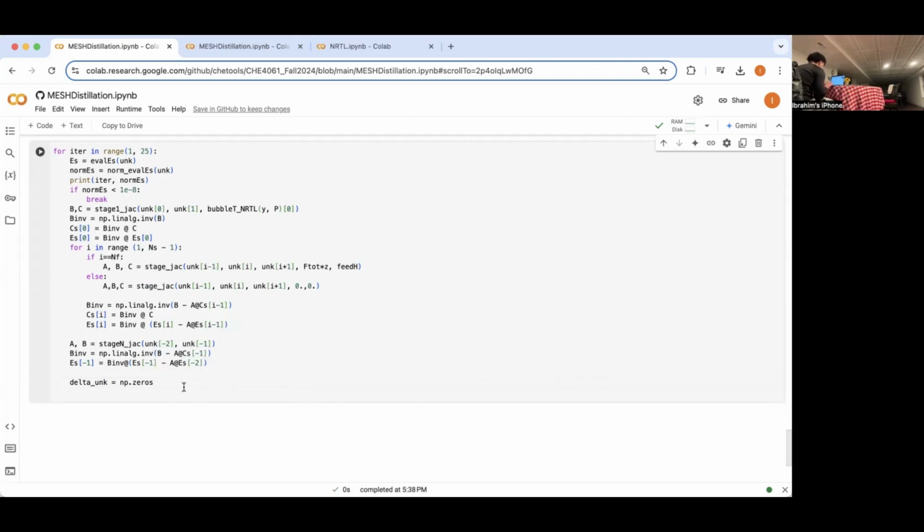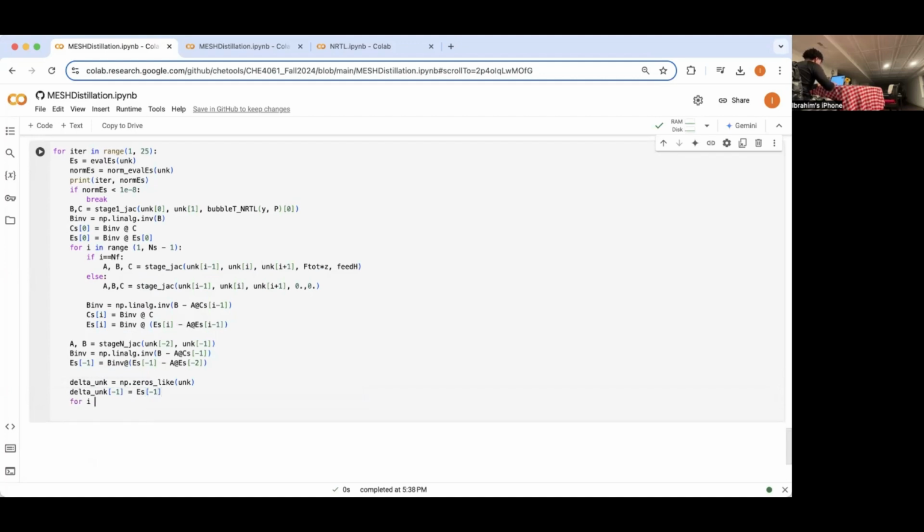We will be using our zeros like function for unknown. And then we'll set up another delta unknown, essentially just our change of unknown as a function of minus 1. Again, we're still solving for our e's here.